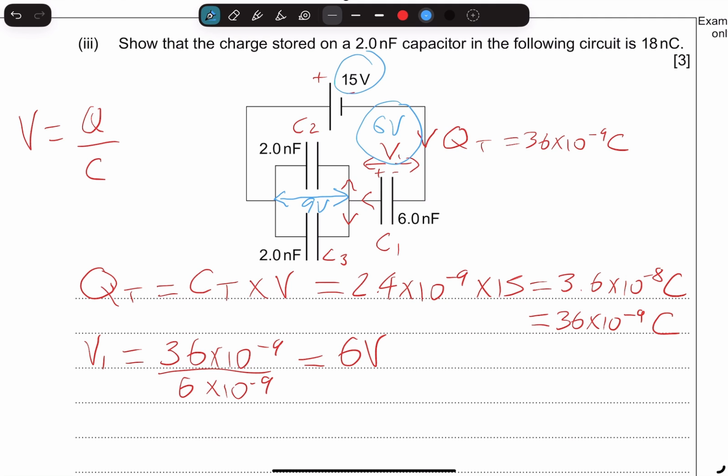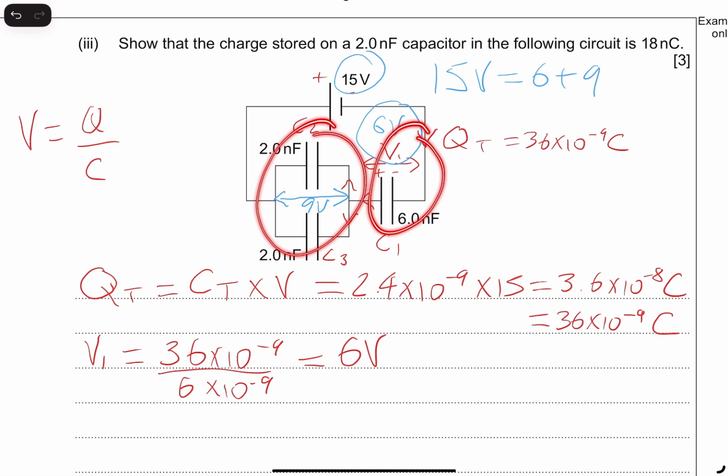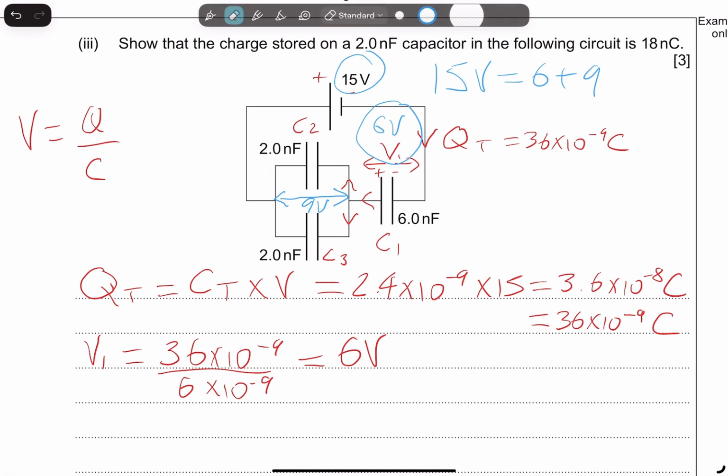Well, because this voltage here, 15 volts, has to be 6 plus 9. Basically what we've got is this and this in series, and when components are in series, the voltage is shared across them. You should know that from your AS studies, or your lower sixth studies, whatever you want to call it.